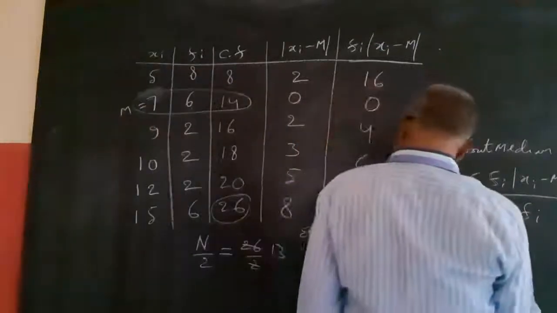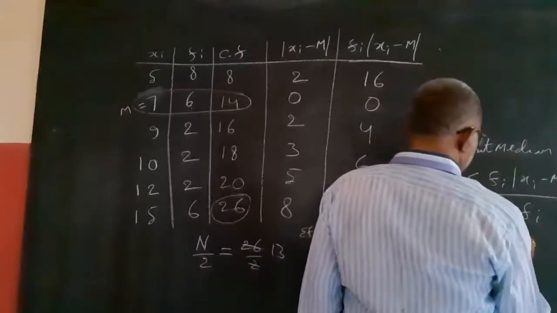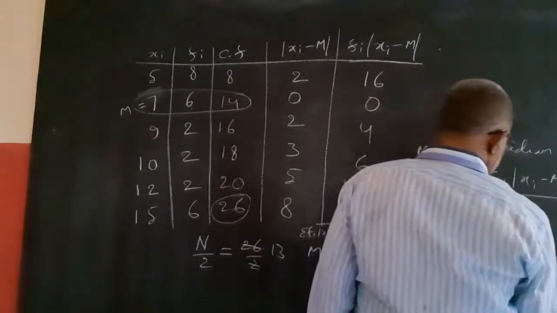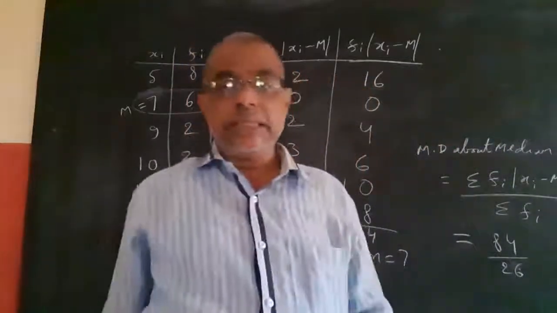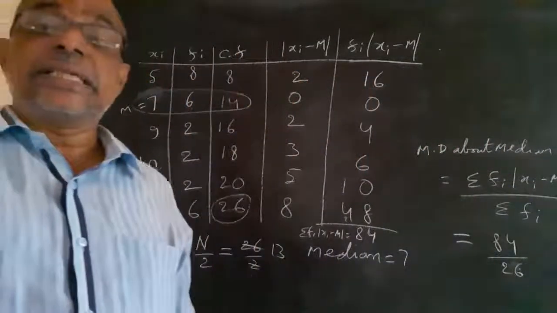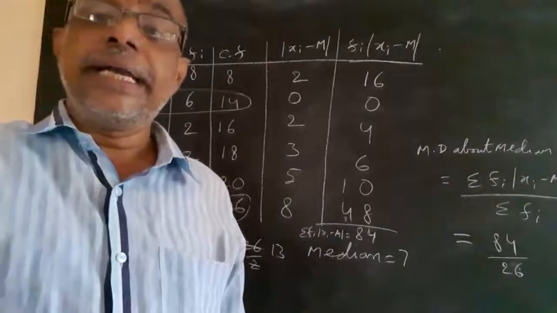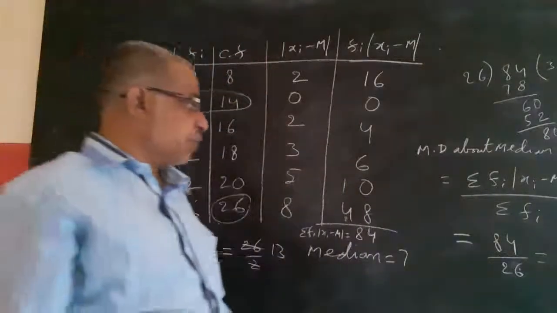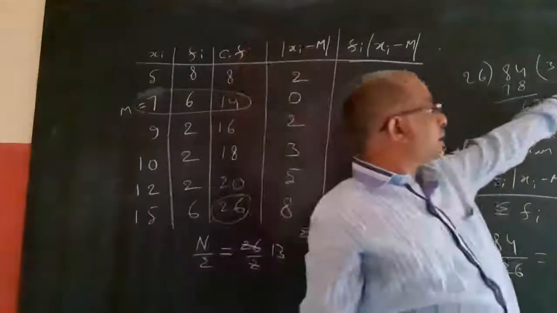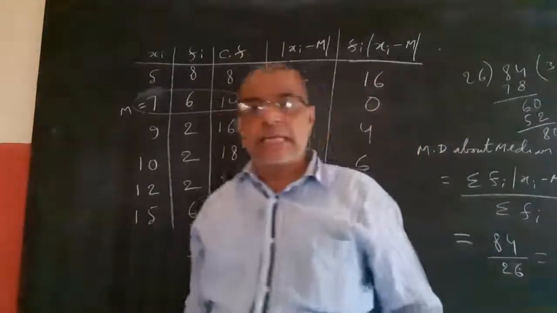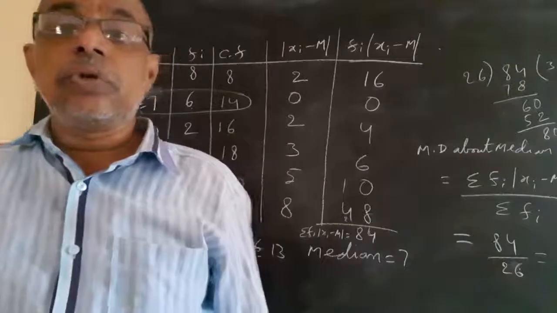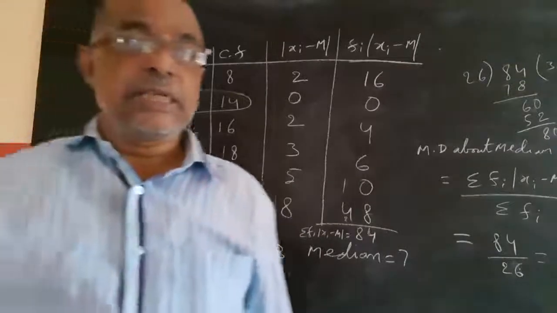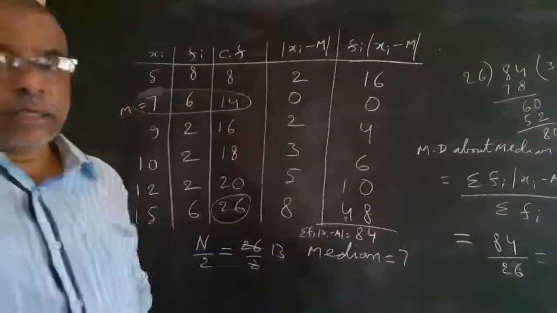Now this is equal to 84 by 26. Calculate this, it gives you the mean deviation about the median. By dividing 84 by 26, I got 3.23. So the final result is 3.23, the mean deviation about the median.